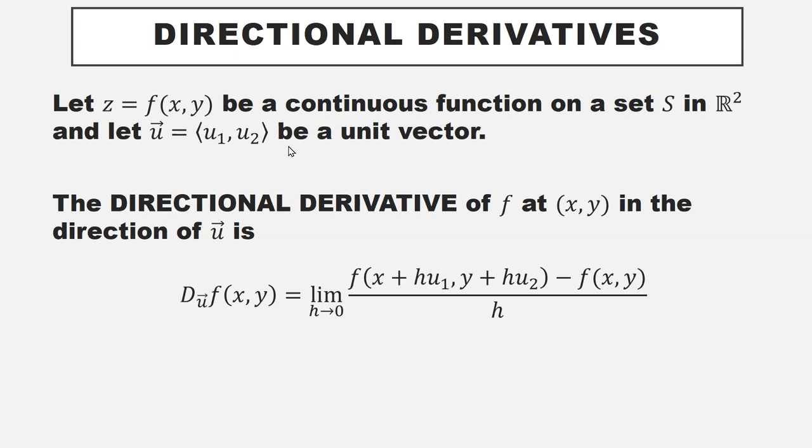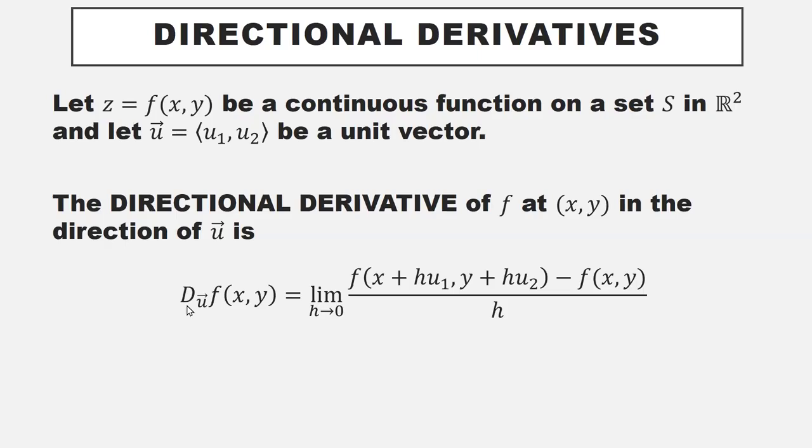So if I have my function, which is a continuous function with inputs from R2, then the directional derivative of f at point x, y in the direction of u is denoted this way.